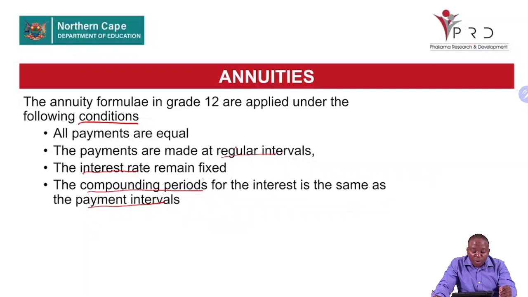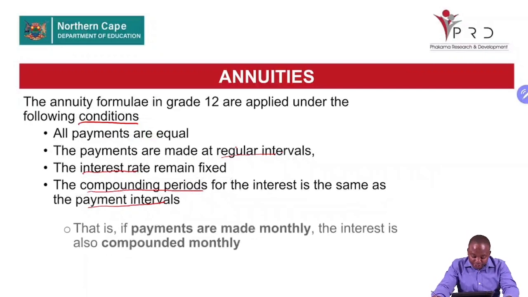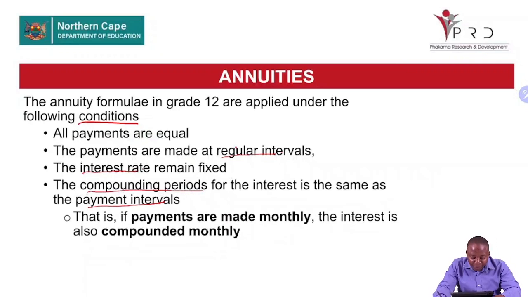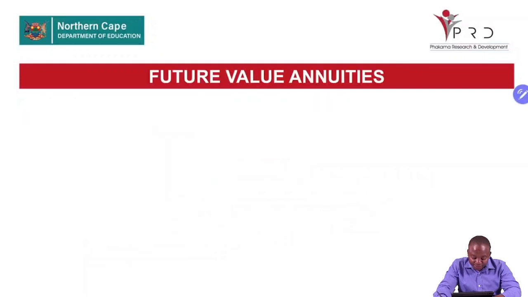We are not going to work with a situation where you are compounded monthly but make payments quarterly. Same compounding period, same payment period: monthly compounding, monthly payment. As simple as that. That is the emphasis there. If payments are made monthly, the interest rate will be compounded monthly also.